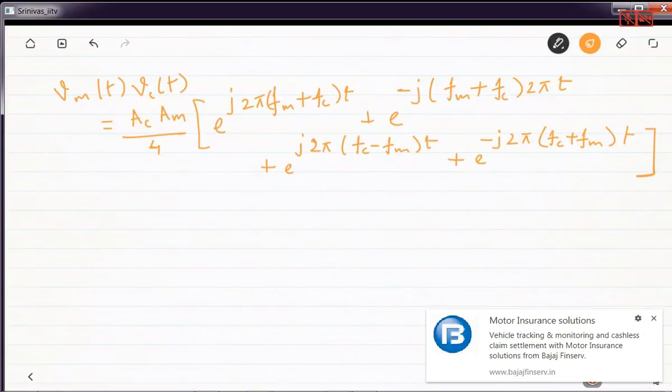You just verify this and then find its Fourier transform.